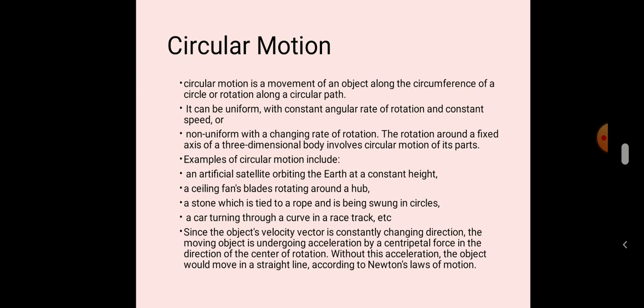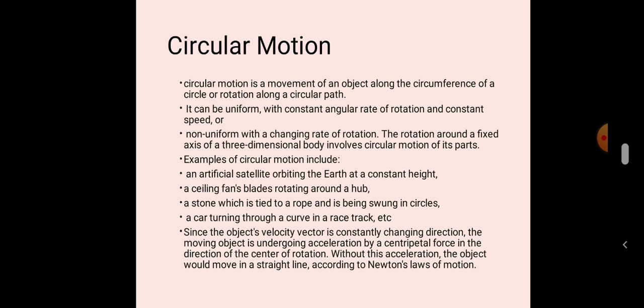See, though the body is having a constant speed, we know that its velocity is not constant. Why is the velocity not constant? Because speed is a scalar quantity. It doesn't depend on the direction, it only depends on the magnitude. Whereas velocity cannot be constant because the object is continuously changing its direction.